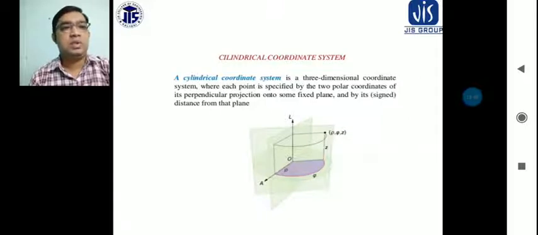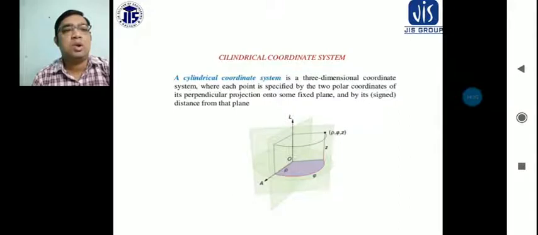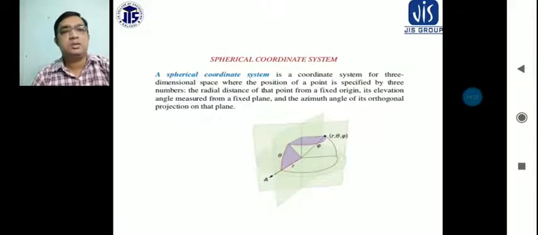So you find the values rho, phi, z, where rho is the radial distance, phi is the angle, and z is the vertical component along the z axis. These three components give the three-dimensional cylindrical coordinate system in this figure.